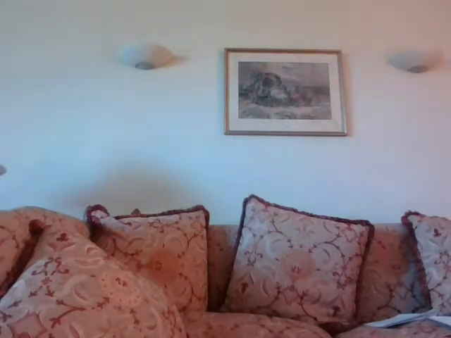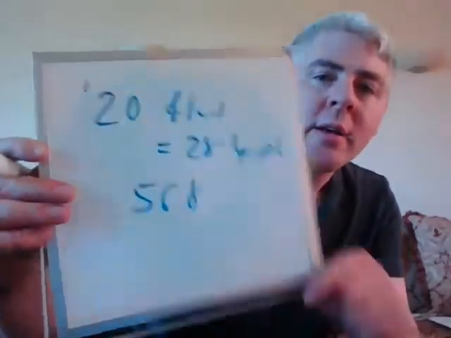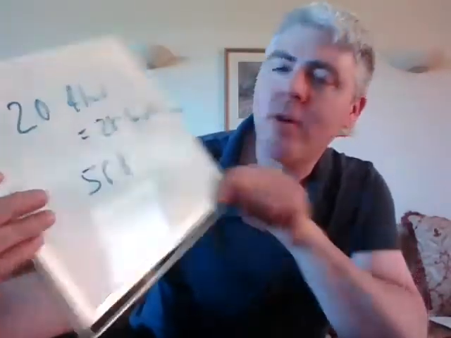So if you times 20 with 28.4, you get 568. So I just wanted to show you that. Yeah, so you times 20 by 28.4 gives you 568.